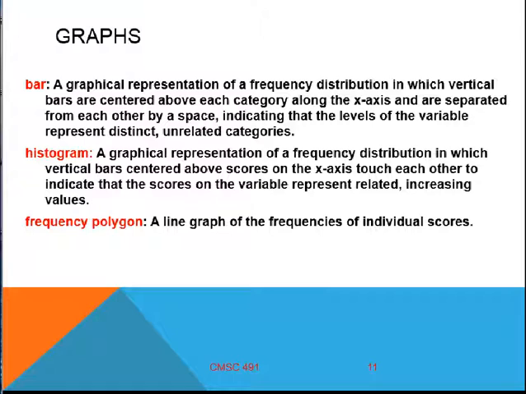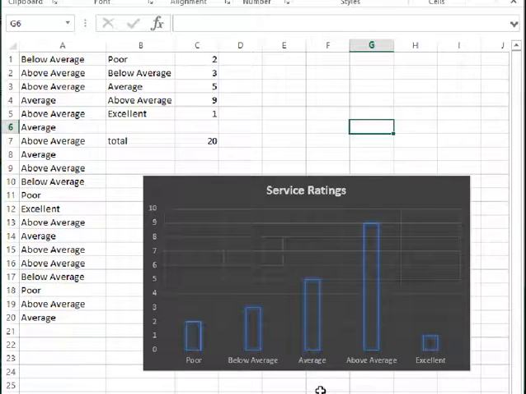Using a bar of fixed width drawn above each class label, we extend the height appropriately. The bars are separated to emphasize the fact that each class is a separate category. So here we have a bar chart, and we've got the separation between poor, below average, average, above average, and excellent.